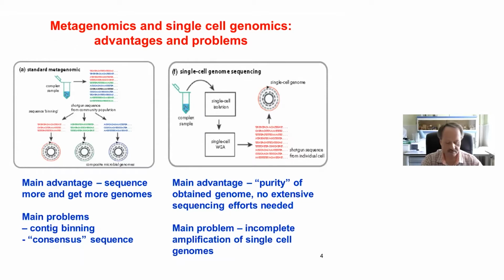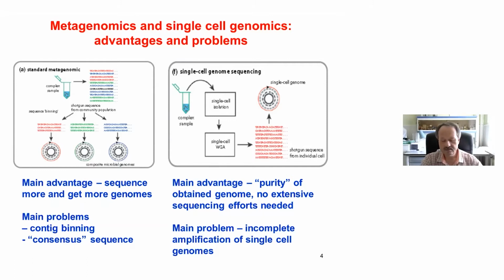In the case of metagenomics, you just sequence total DNA isolated from an environmental sample, assemble contigs, like in the case of usual genome sequencing, and then, using bioinformatic tools, distribute these contigs between bins representing different microbial species.